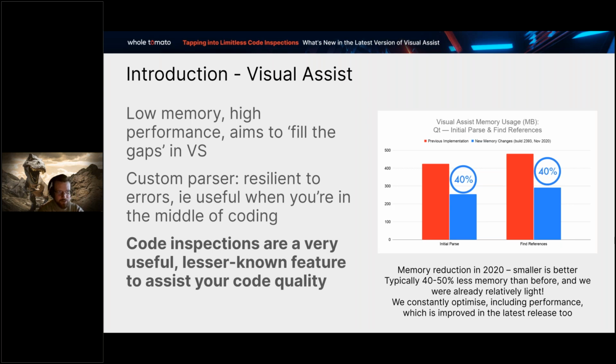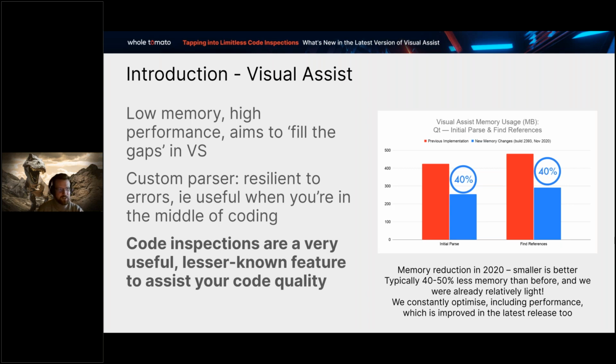Now, we do want to focus on other things in this webinar that are not the features that many people already use in Visual Assist, and that's why we're doing a webinar on code inspections. Now, Visual Assist has a few things in its ethos, in its DNA.